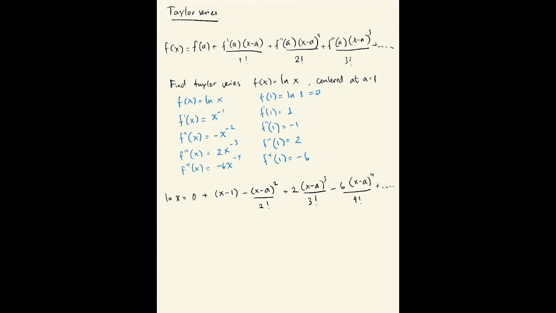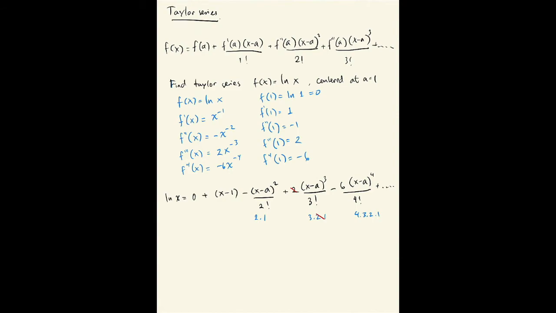Let's simplify the factorial. 2 factorial means 2 multiplied by 1, right? 3, 2, 1. 4, 3, 2, 1. So I can cancel these 2, and it will leave 3, right?